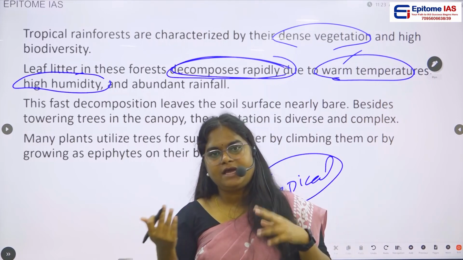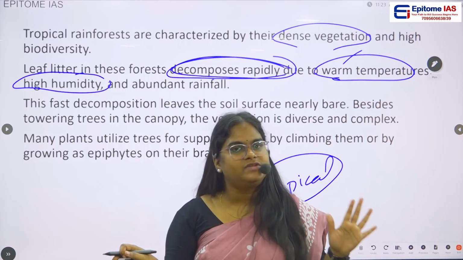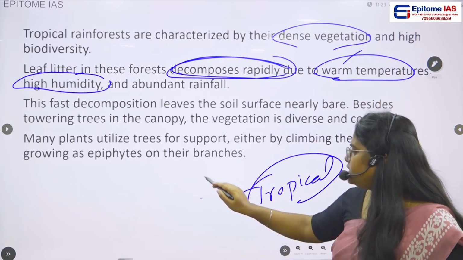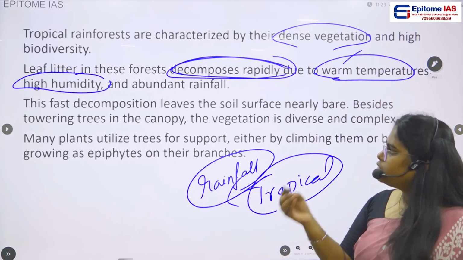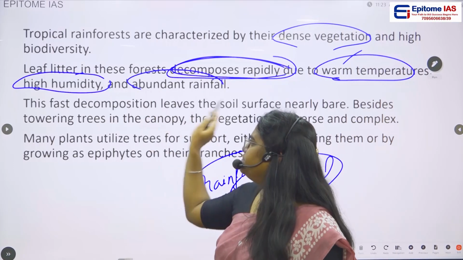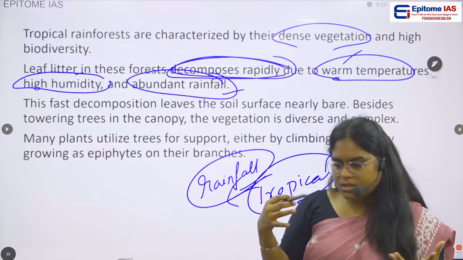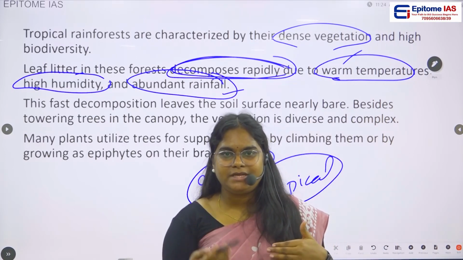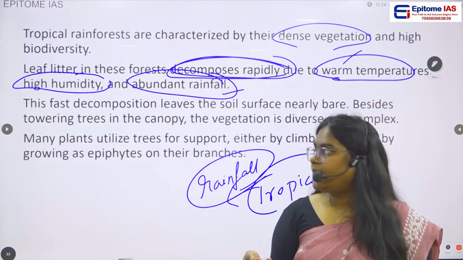And because of that, the formation of cloud and the precipitation will be very high. So this equatorial and tropical region get a high amount of rainfall, and it also causes high humidity. So high temperature, high humidity and high rainfall, all these factors together help in the decomposition of dead matter very rapidly.